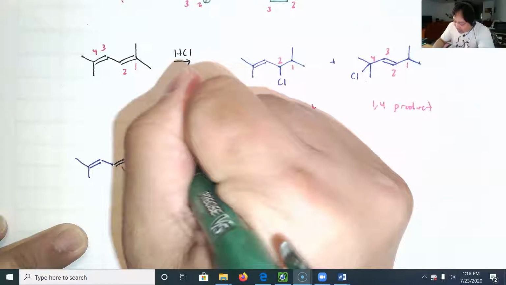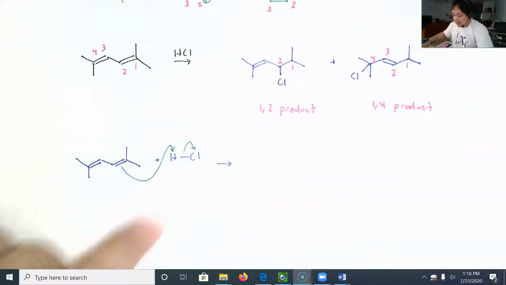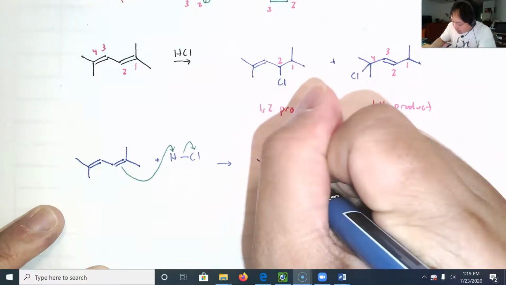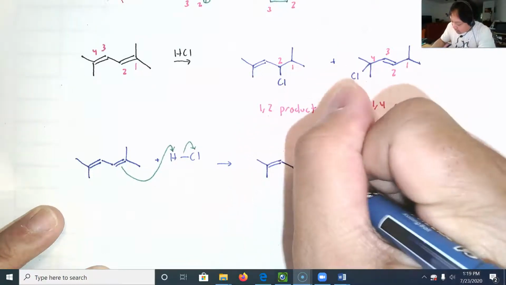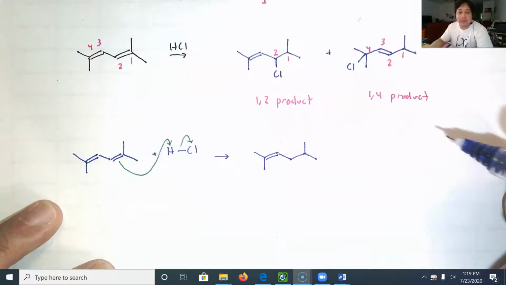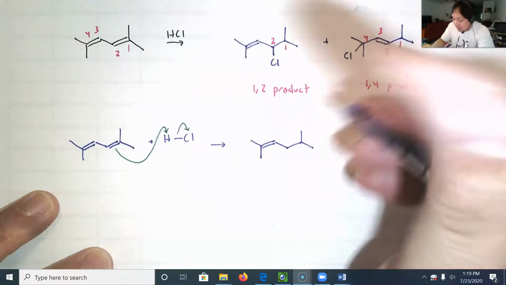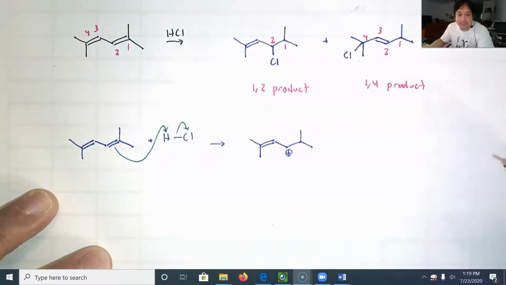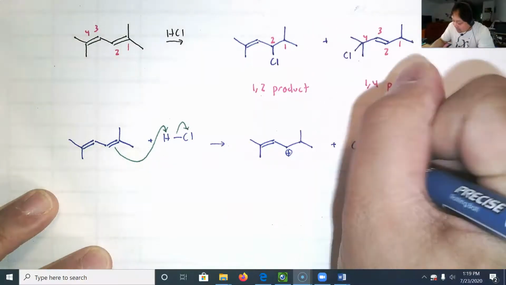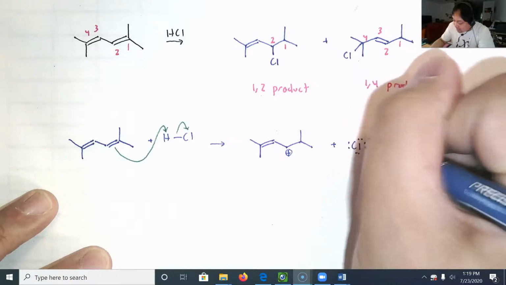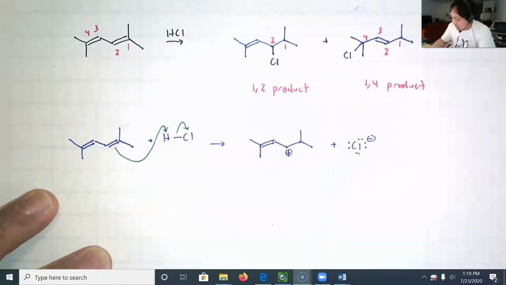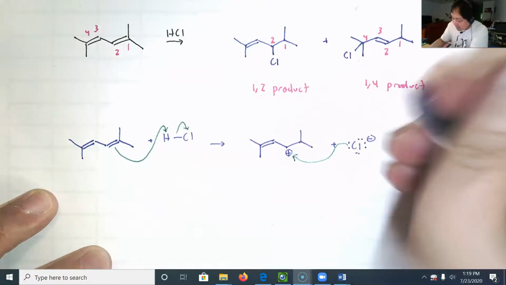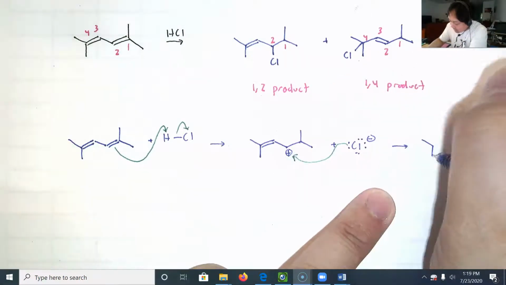Again, you got to protonate or grab the hydrogen, but you have a choice to put the carbocation on either of those two carbons. You're choosing to put the carbocation so it is allylic and it has resonance capabilities. Plus Cl minus. Okay, so this brings up an interesting point. If I make the 1-2 product, I'm done.